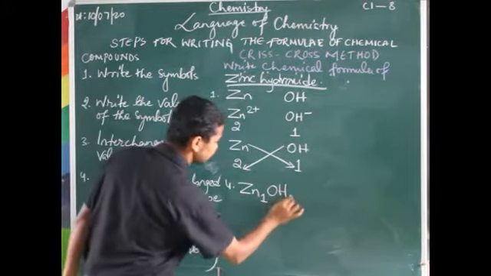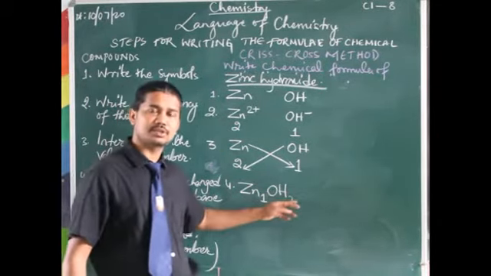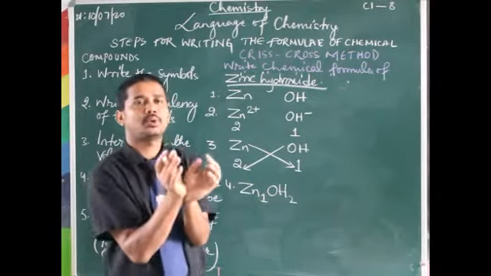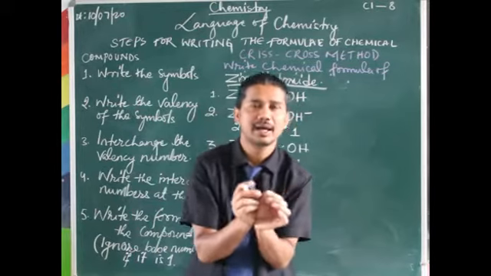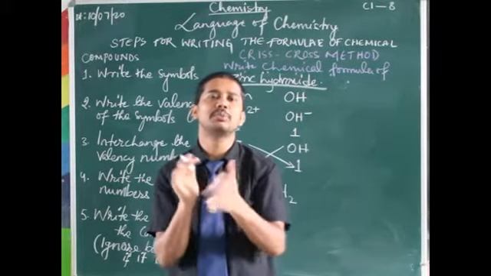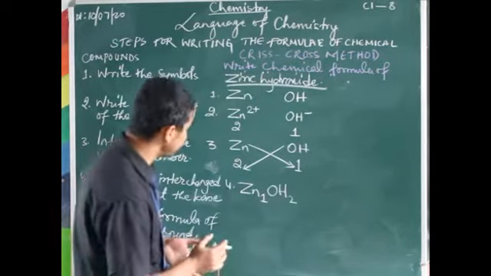you cannot write it like this, OH2. This means hydrogen is 2, but OH is a group. Radicals are charged atoms or groups of atoms.